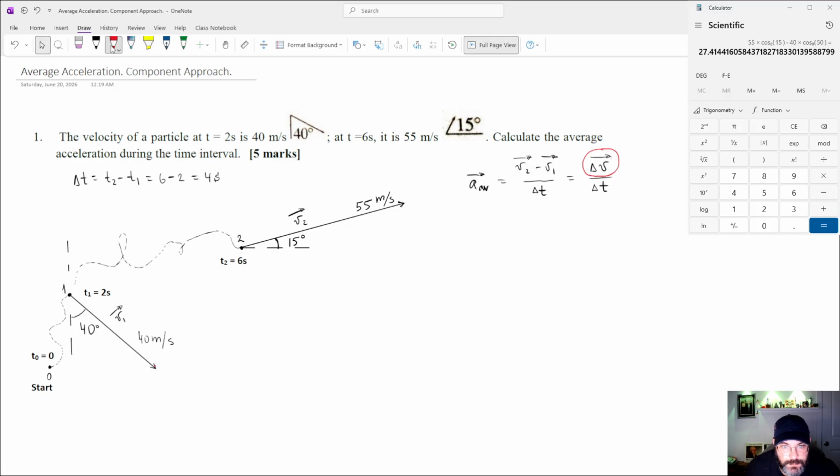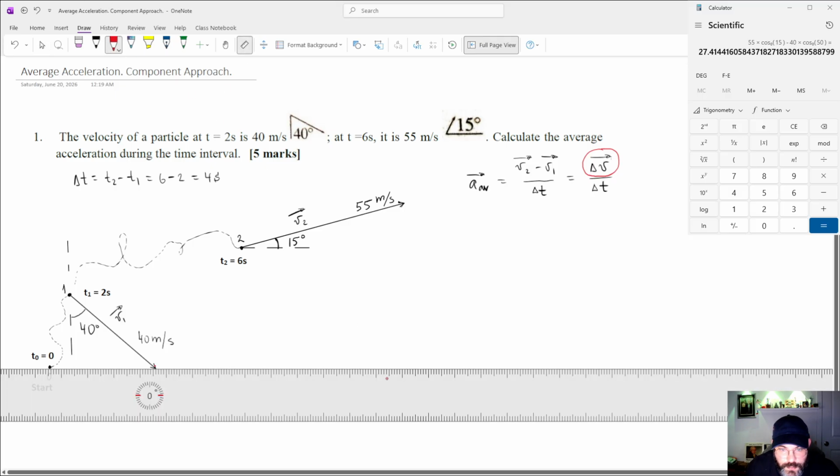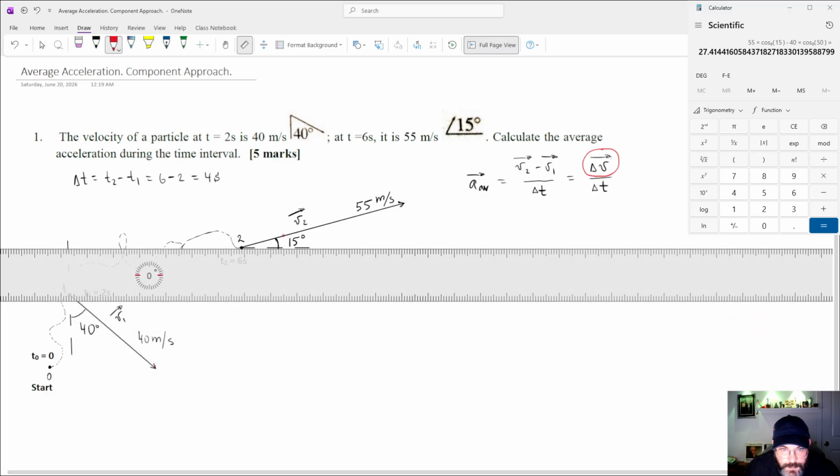Okay, so let's maybe show those components. We usually don't do it, but here let's do it.